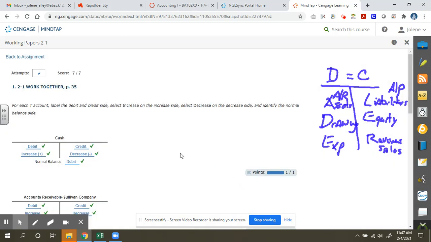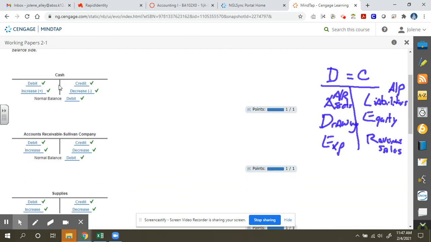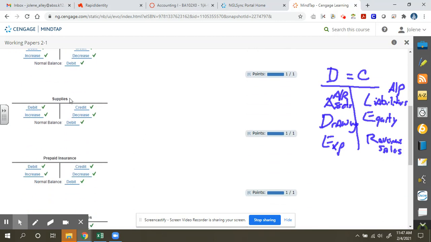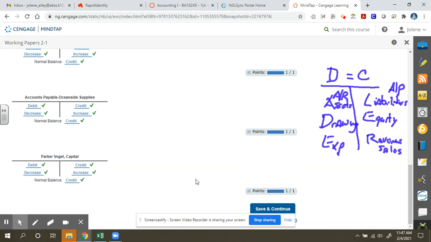And so I do that, and look, right up here at the top, it tells me I got 7 out of 7 points. That's fantastic. That's a 100. So they gave you a point for doing the cash one right, a point for doing the accounts receivable correctly, the supplies correctly, the prepaid insurance, the accounts payables are correct, capital's correct. So we got 7 out of 7 points.